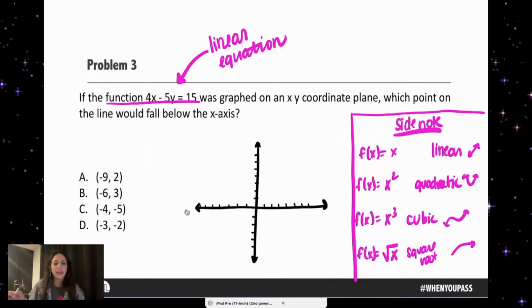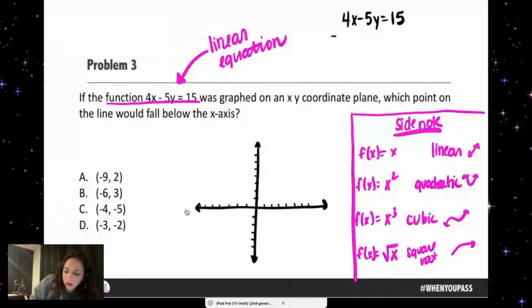Okay. And now I'm going to look and see. This is in standard form. Standard form is useless, not helpful at all. Right? So I need to transform this into either slope-intercept or point-slope form.